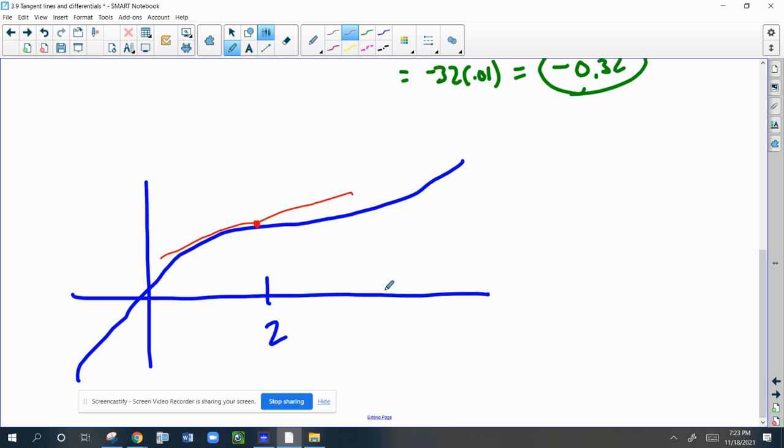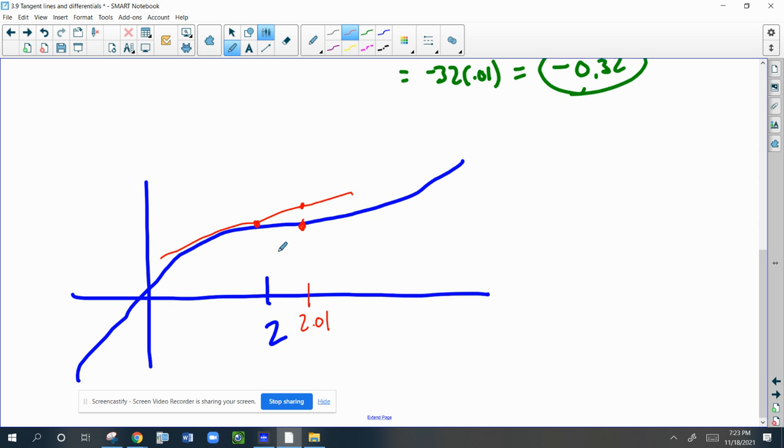And that's a horrible tangent line, but I just want to make a point here. Close to 2, the tangent line is hugging this graph. So if I go up to 2.01, the value of the function is right here. The value of the tangent line is right here.